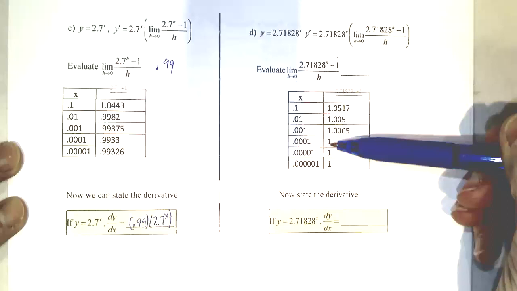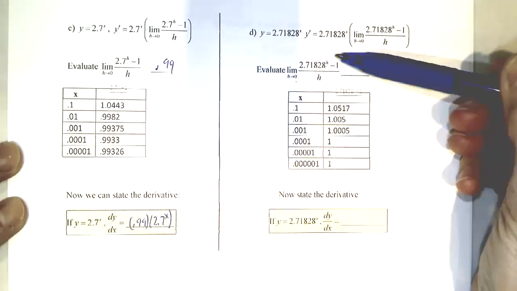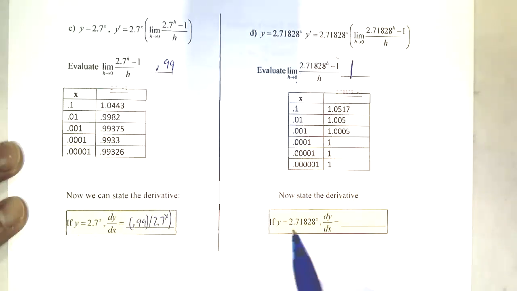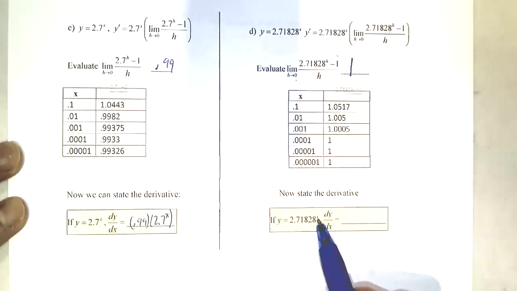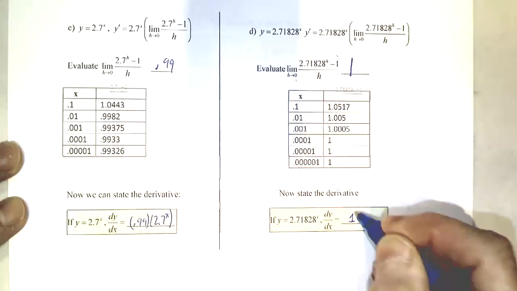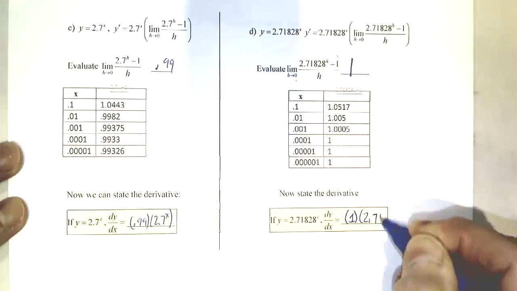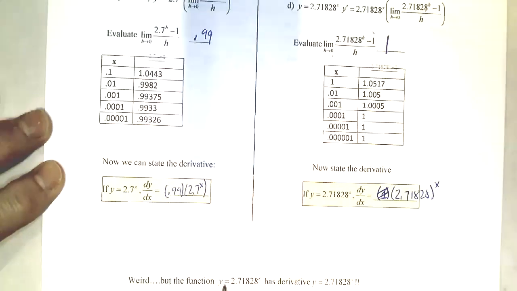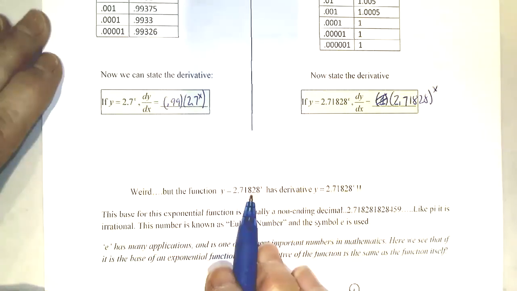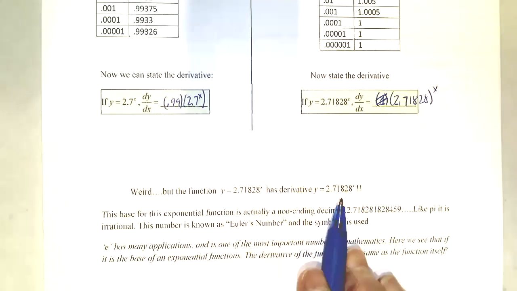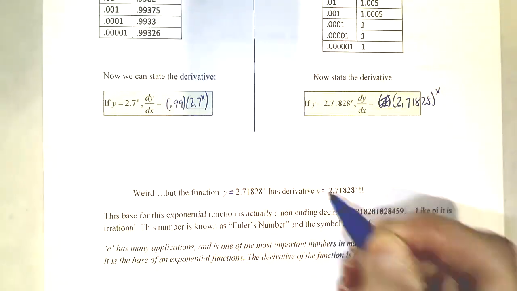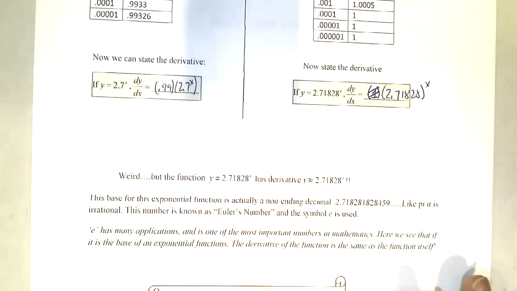These are the answers, and look what number this limit works out to be: 1. So when I get the derivative of Euler's number to the exponent x, I get 1 times 2.71828 to the x, meaning if y is 2.71828 to the x, the derivative is the same function as what we started with. And that, my friends, is one of the weird properties of Euler's number, amongst many other things.